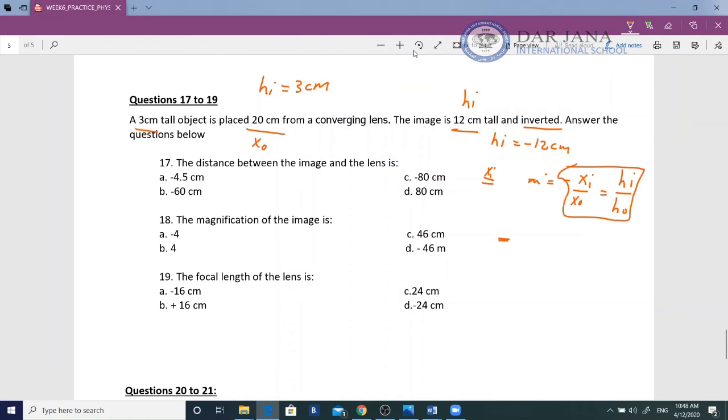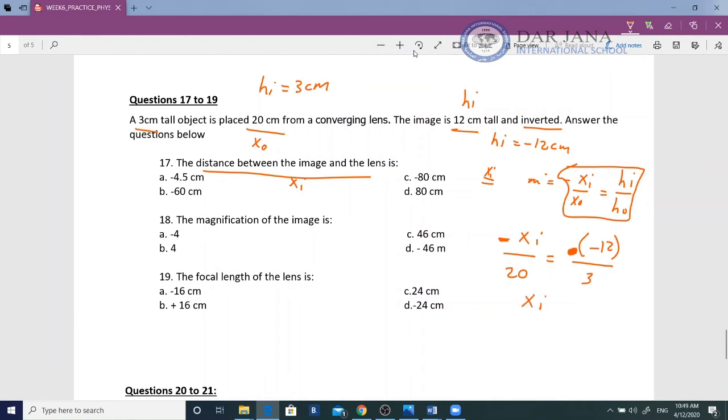So -XI, unknown XI, the image distance between the image and the lens, over XO, it's 20, equal -HI, -12, over HO. Sorry, it's positive here, it's not in the formula. HO is 3 centimeters.